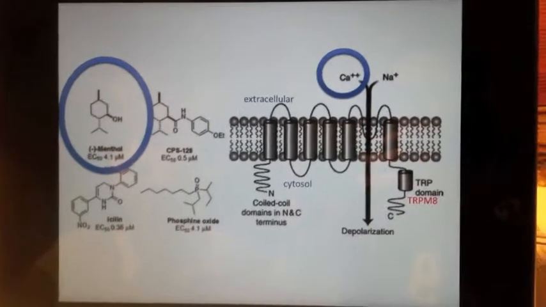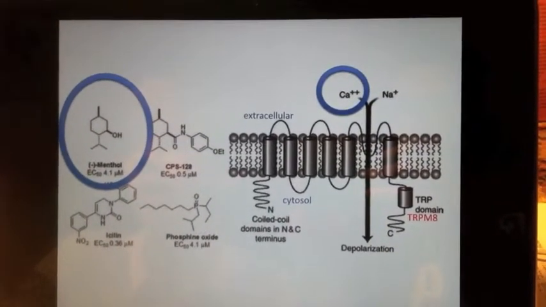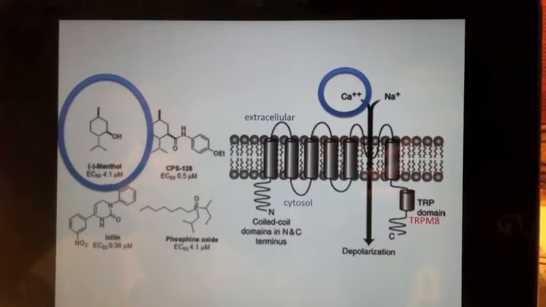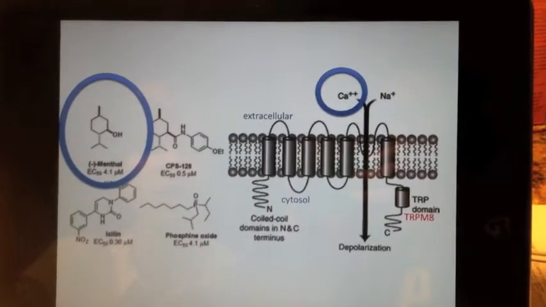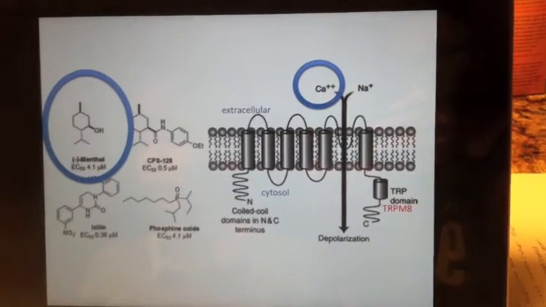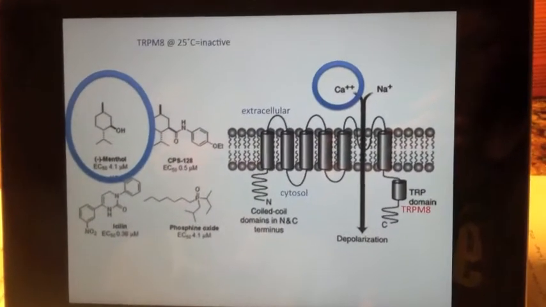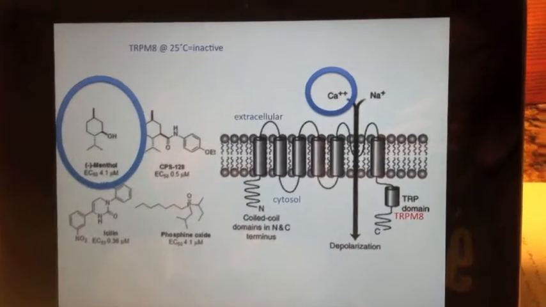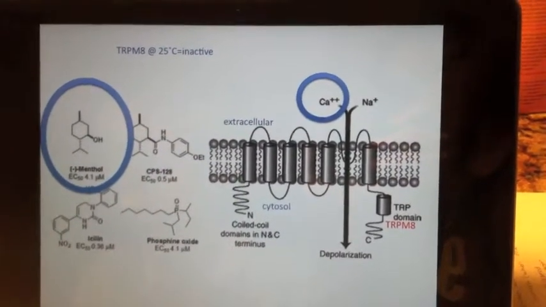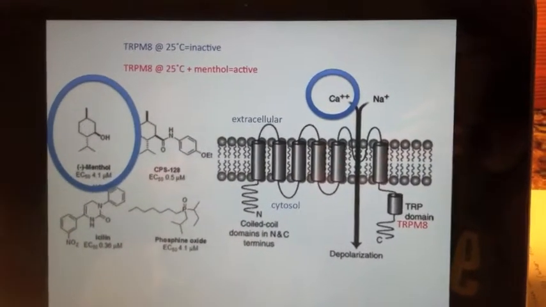Menthol itself does not directly activate TRPM8, but it increases the temperature at which TRPM8 is activated. TRPM8 is usually activated by temperatures 20 degrees Celsius or lower, but when menthol is present, TRPM8 can be activated by temperatures as high as 25 degrees Celsius.